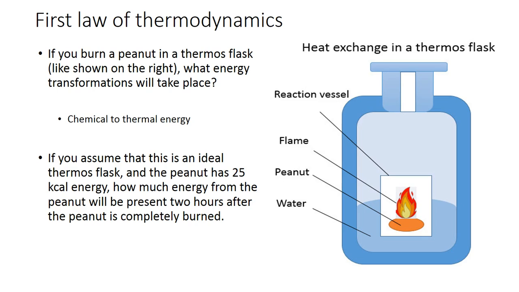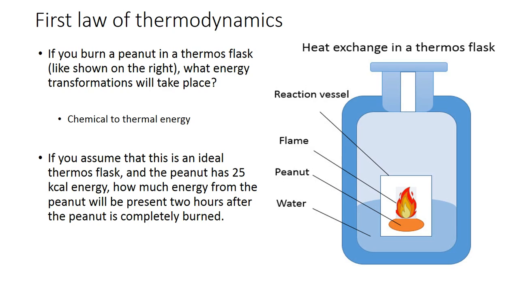So the question is, what transformations are going to take place in this case? The peanut will have chemical energy, and as it burns, it is going to produce thermal energy. So we have a chemical from the peanut to thermal due to the heat produced by the burning. If you assume that this is an ideal thermos flask, we know what an ideal thermos flask is.